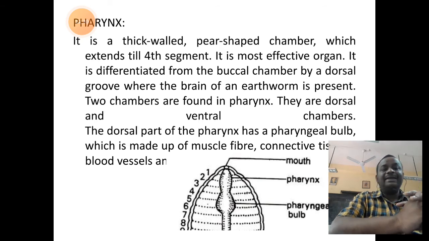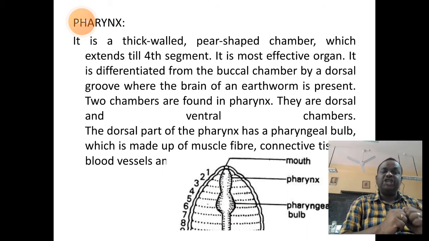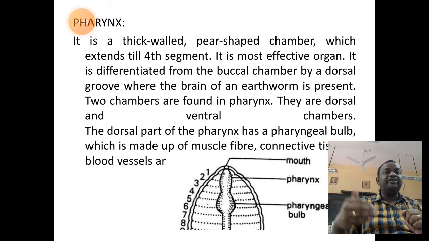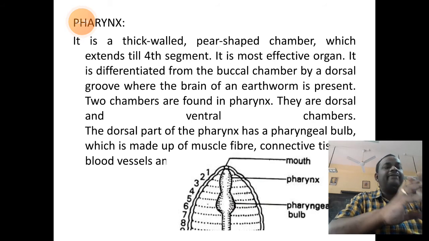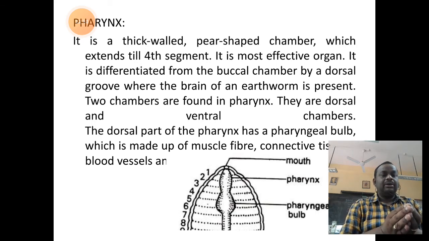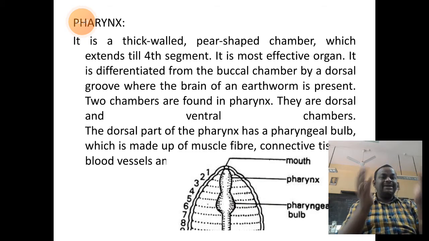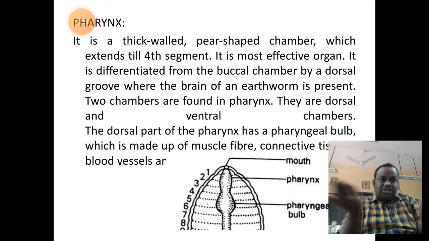The pharynx is a very thick-walled, pear-shaped chamber or organ which extends up to the fourth segment of the body. It is the most effective organ because it is divided into an upper chamber and a lower chamber by means of a longitudinal fold.